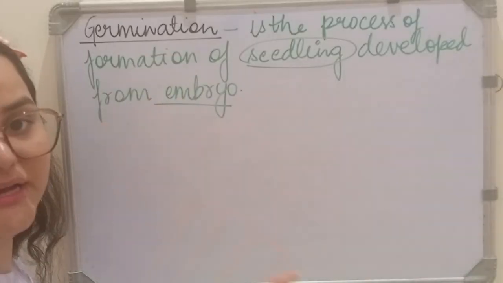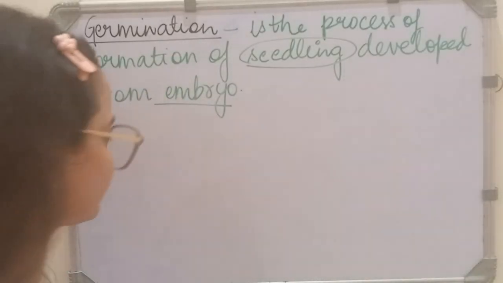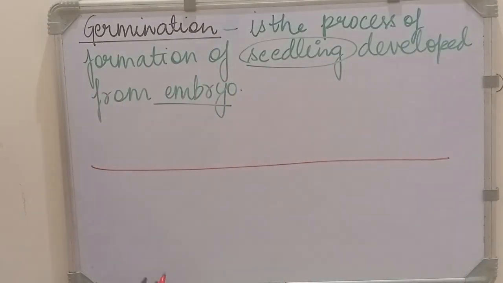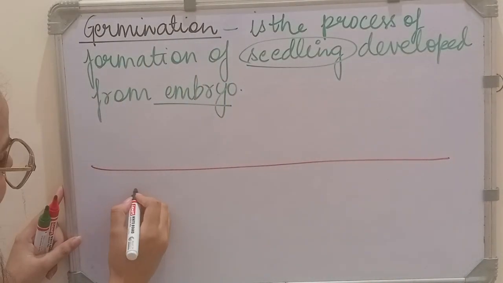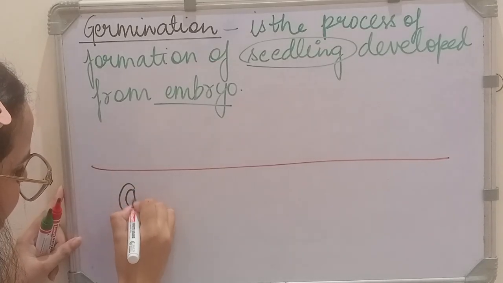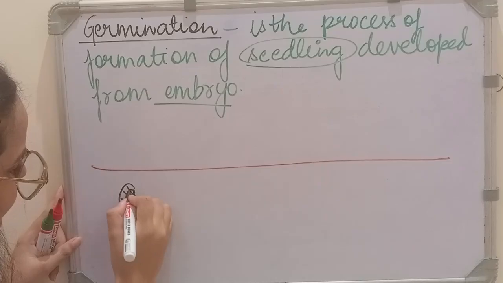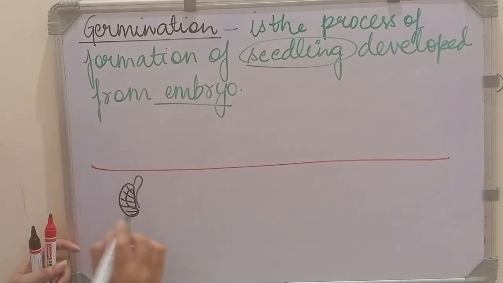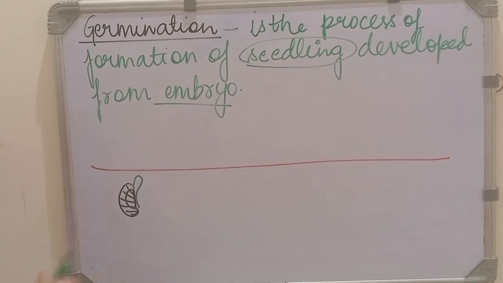So let's draw a diagram and understand this. This is the soil. This is our seed present, and this is the embryo. Over time, when all the conditions are favorable, the embryo breaks the seed coat and comes out.